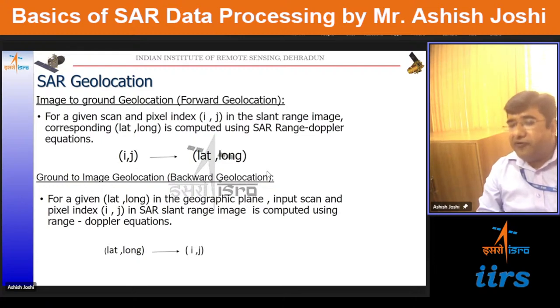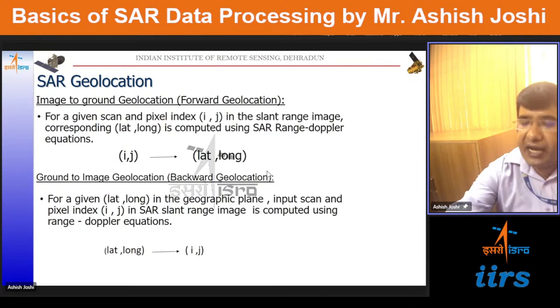For that latitude, longitude, and height, we want to find where in the SAR sensor it gives the location of the IJ. That is called backward geolocation, from lat long to IJ. So basically in SAR geolocation, we have to do these two types of geolocation: image to ground and ground to image. If we are able to do these two types of models, then we can do the geometrical corrections in the SAR image.